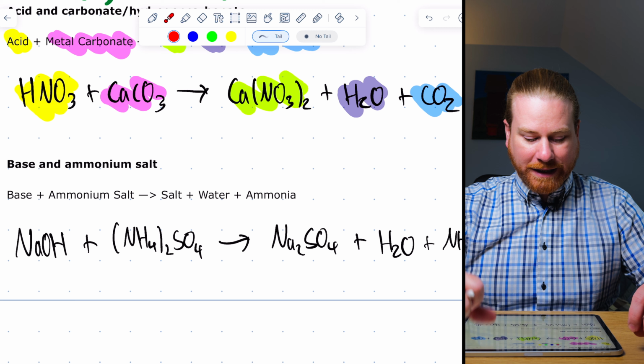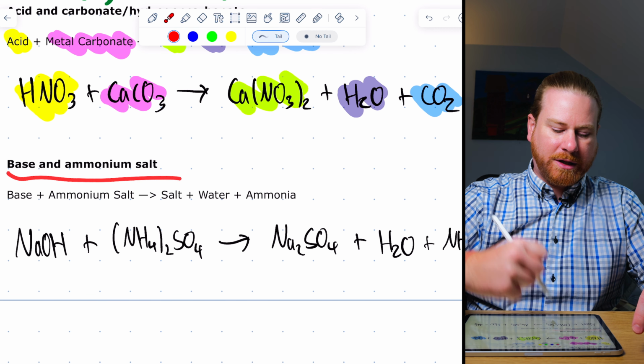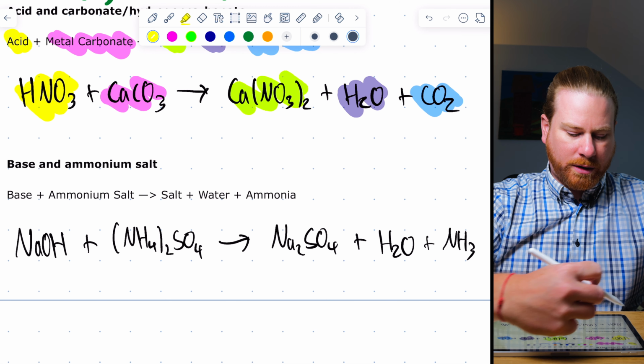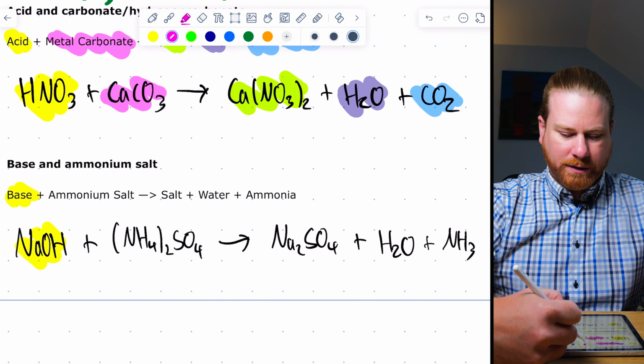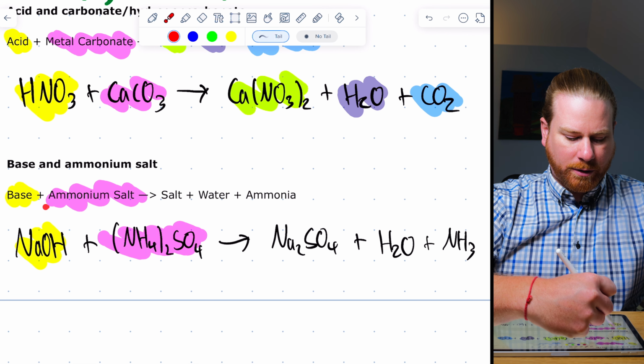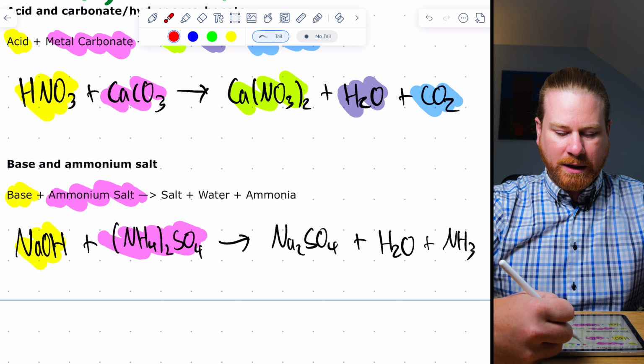Okay, and now finally, we have an equation to do with the bases. Bases react with ammonium salts. So we've got a base reacting with an ammonium salt. The ammonium ion is NH4+.